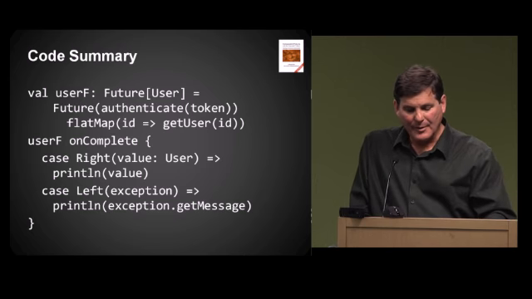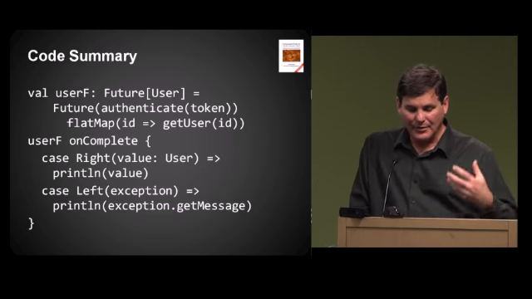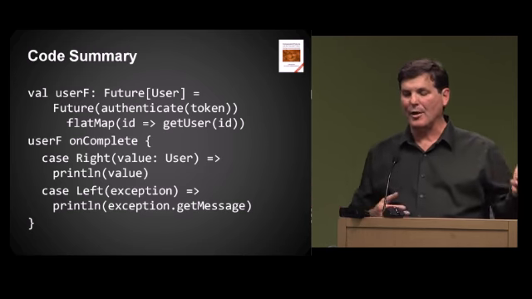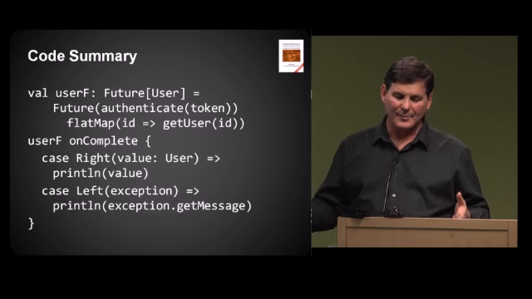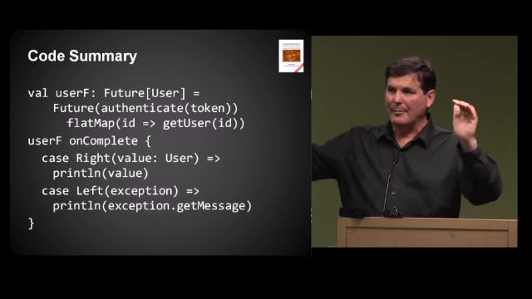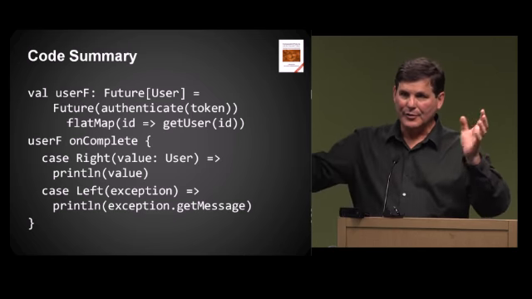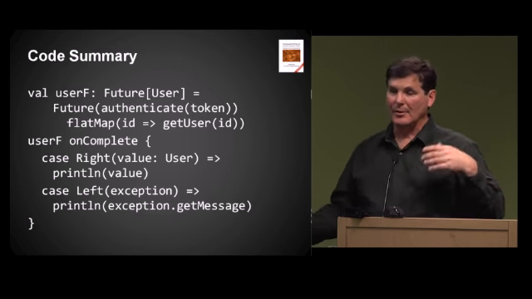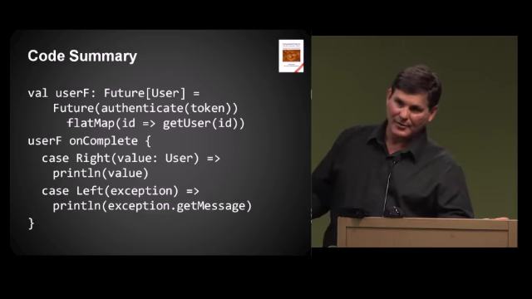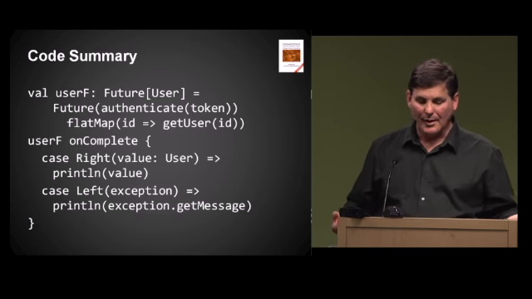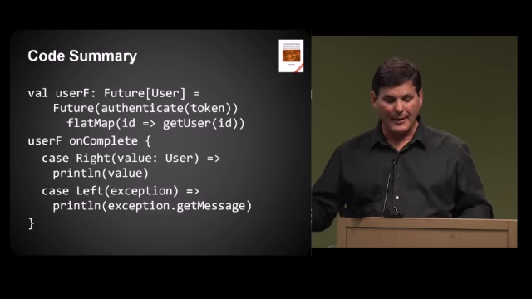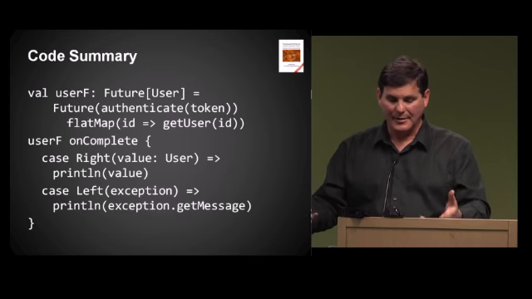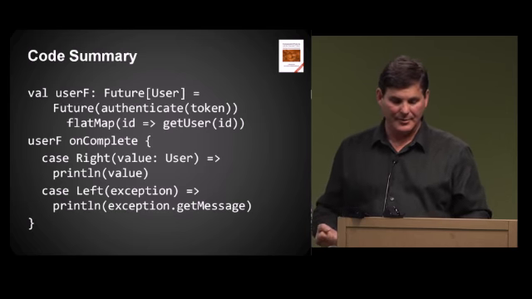So what we say here is we're going to authenticate the token on a thread. Because this is a long running process, we're going to run the authentication process on a thread. That's why we're wrapping it in a future. And when that future comes back, we either got a value, or we threw an exception: no such user. If we got something, we're going to call flatMap, and we're going to pass in the user ID, and we're going to get the user object.